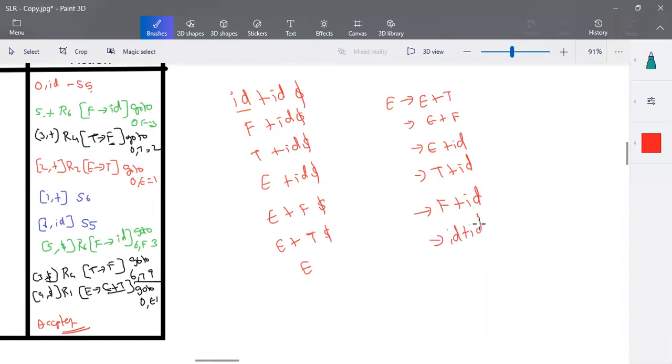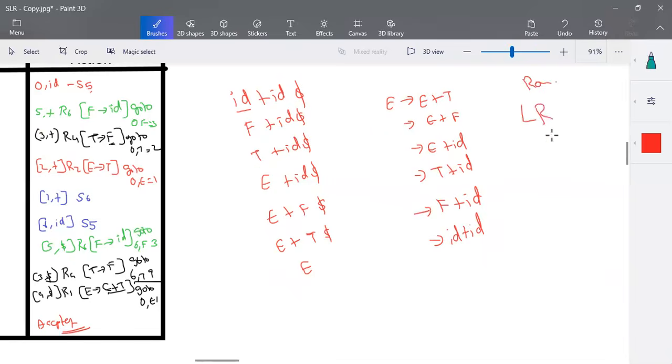So what kind of derivation is this here? It is a rightmost derivation. So here in SLR parsing, we actually take the rightmost derivation and do it in the reverse. Since it is bottom-up parsing, we have to start from the input and keep on reducing, right? So this actually uses rightmost derivation in the reverse.